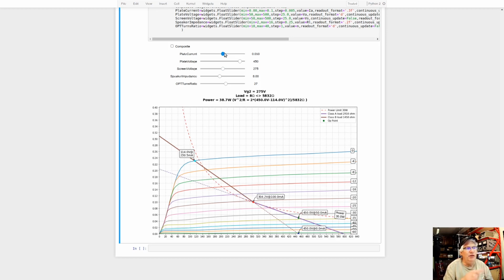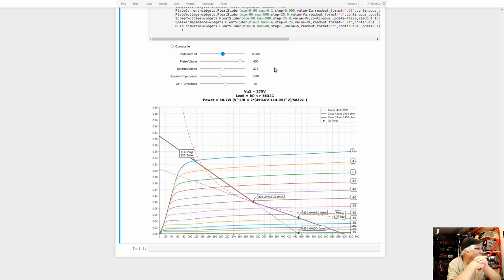So if you designed this 6L6 with this particular screen voltage and setup, you'd be running more on the hi-fi side, and you'd have better linearity with a loss of what, 12 watts. So we're down to 38 watts instead of 55 or whatever it was. All right, so that's good.